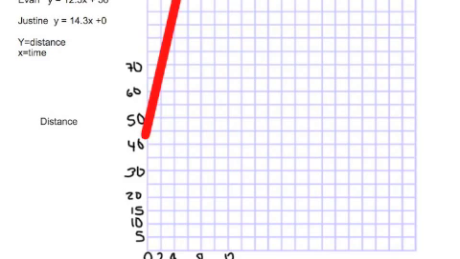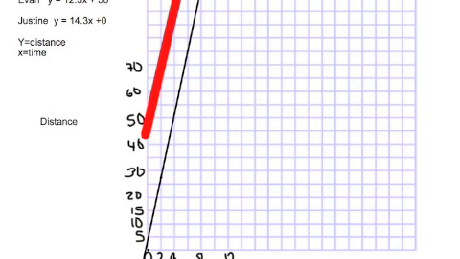Now for Justine, she is starting at 0, so let me put her first point at 0. She's running at 14.3 feet per second, so every 2 seconds, she's at 28.6 feet. I'm not going to be super accurate, but it's going to be somewhere about there. So let me connect the dots here. And this would be the line for Justine.